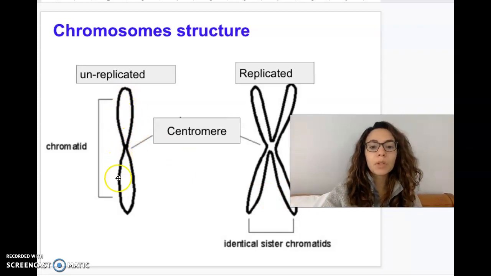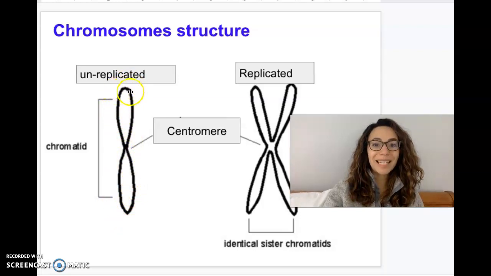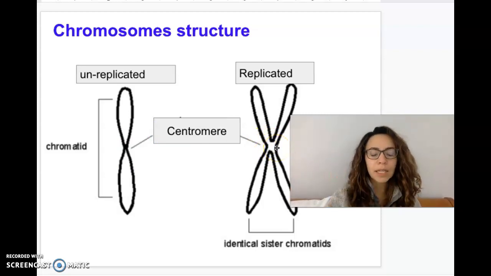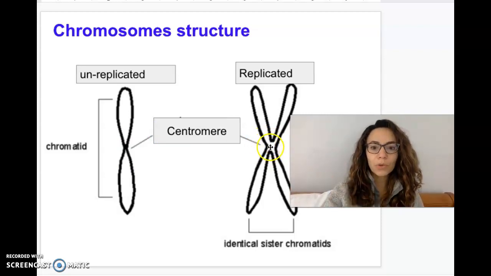Normally, the chromosome is just half of the X. So this is called a chromatid, when it's just half of the X, and this is an unreplicated chromosome. So normally it looks like this. The center of this molecule is called a centromere. Sounds like center, right? Centromere kind of holds all the pieces together in the middle.